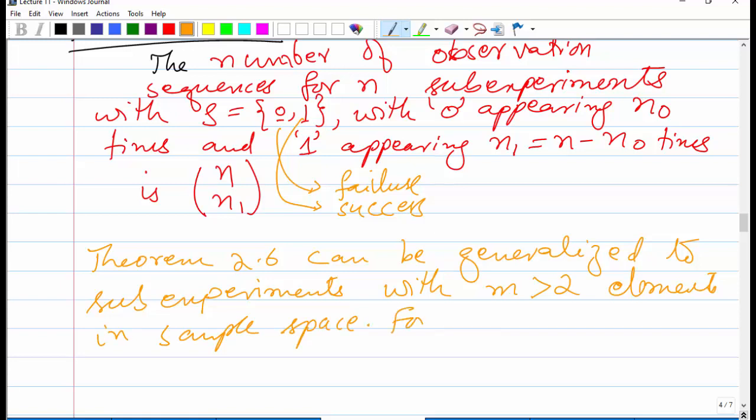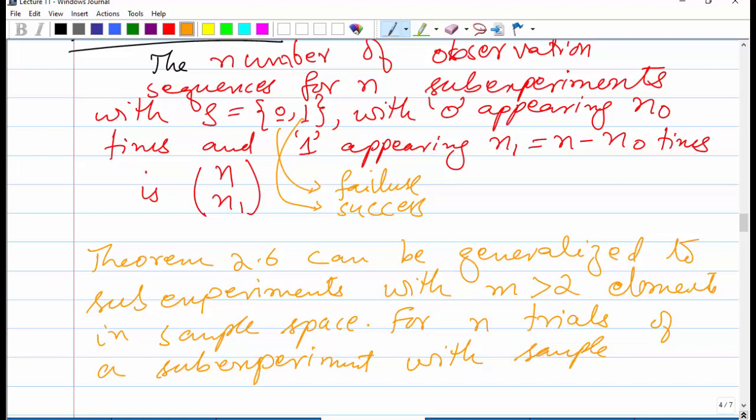So for n trials of a sub experiment with sample space S sub is equal to S naught up to S m minus 1.